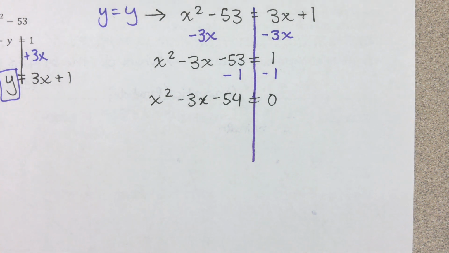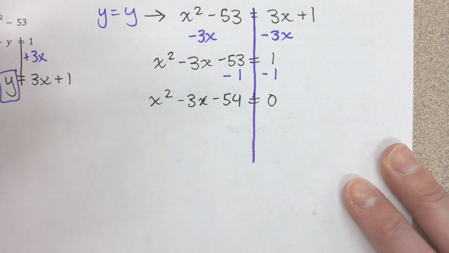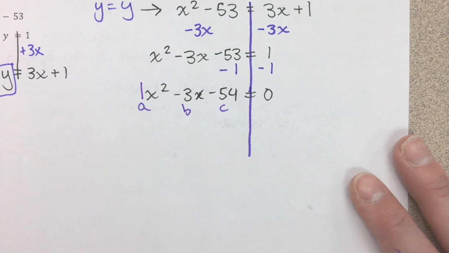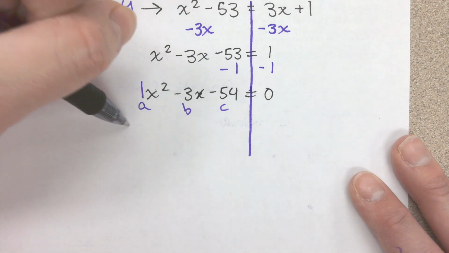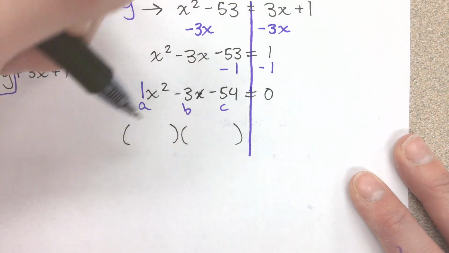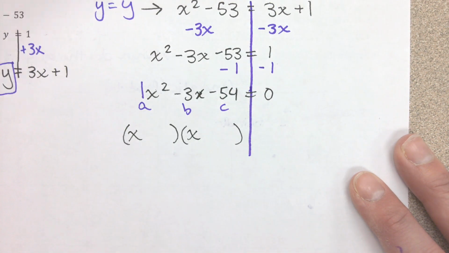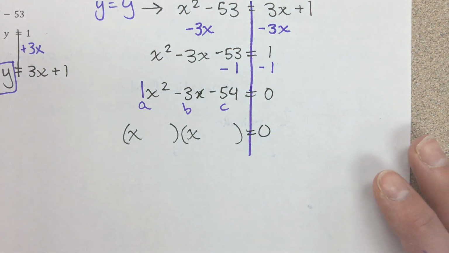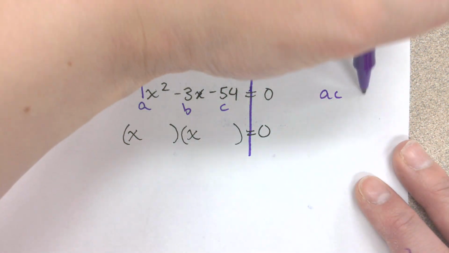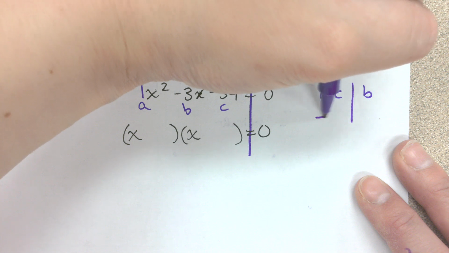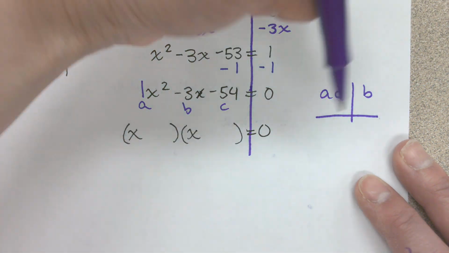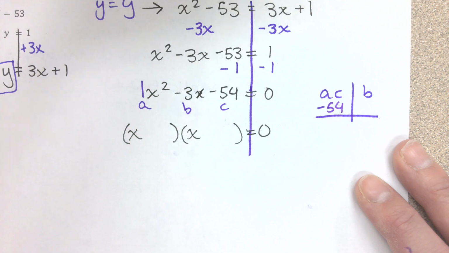From here, we can factor. We have a trinomial again, ABC, where A is just 1. So we can set up our factors. ACB chart. A times C, 1 times negative 54, that's negative 54.